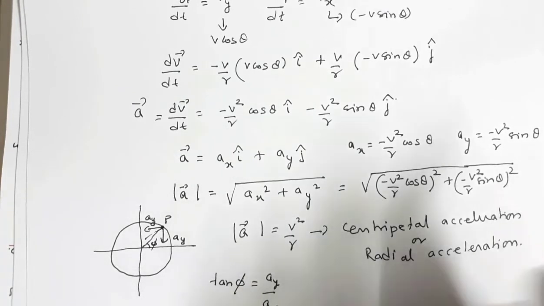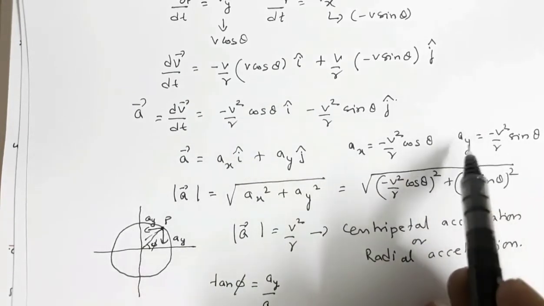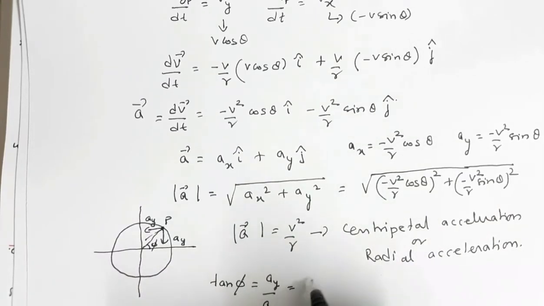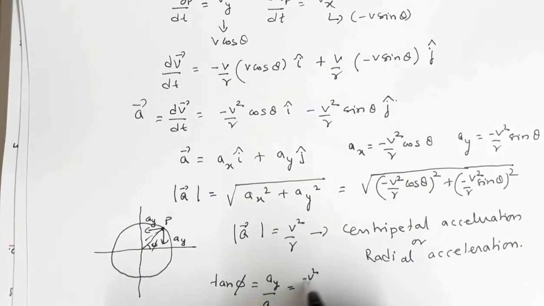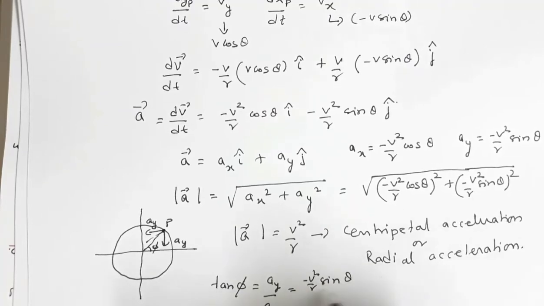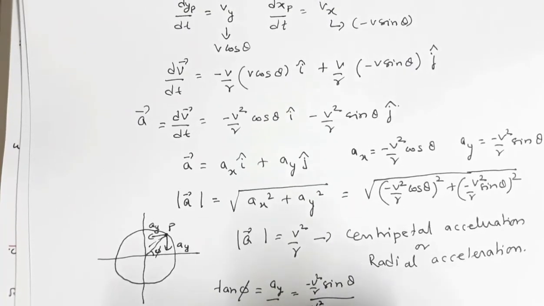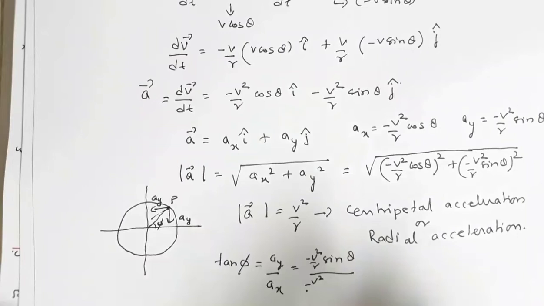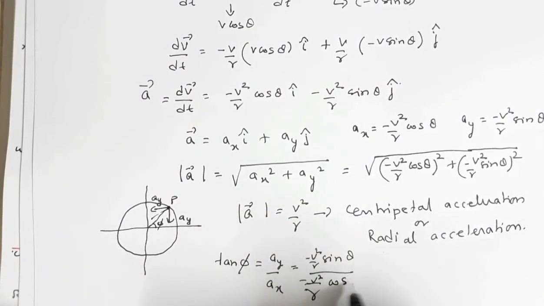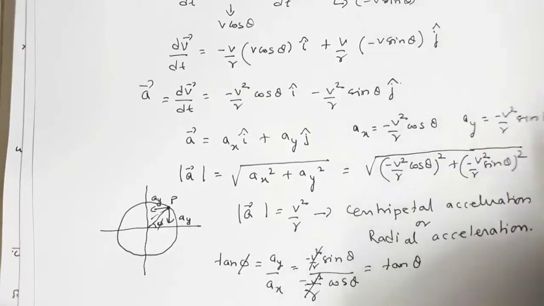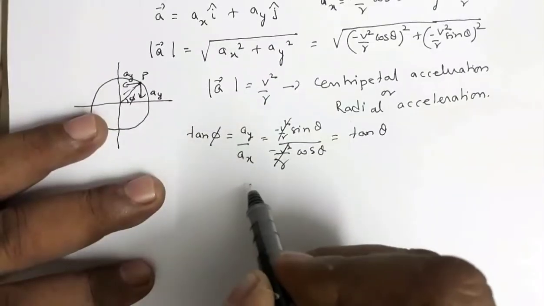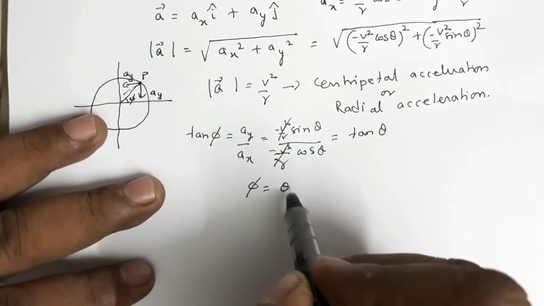Now if you substitute the values of ay and ax, you get minus v square by r sin theta divided by minus v square by r cos theta. This cancels out and we have tan theta. So tan phi is equal to tan theta, that means phi is equal to theta.